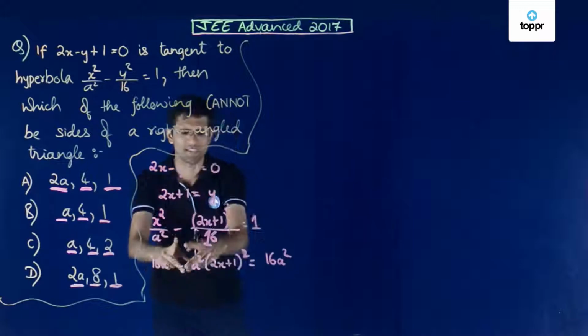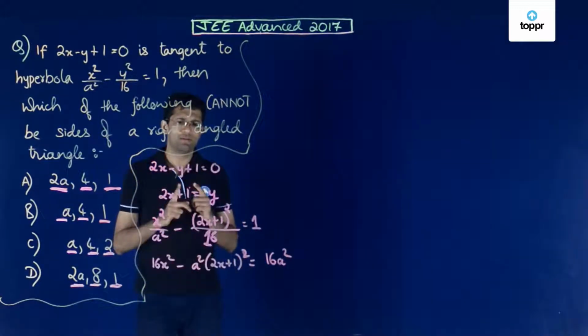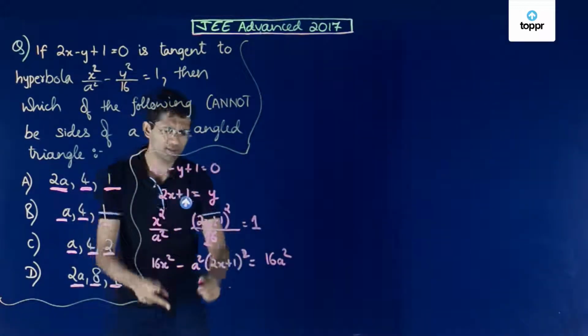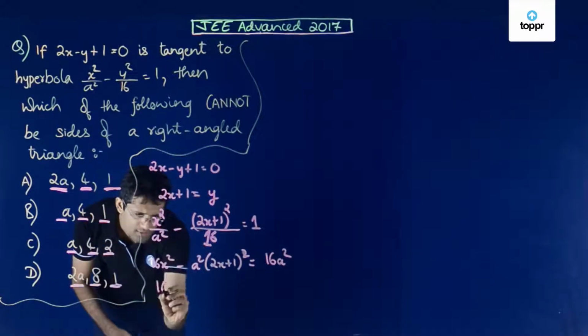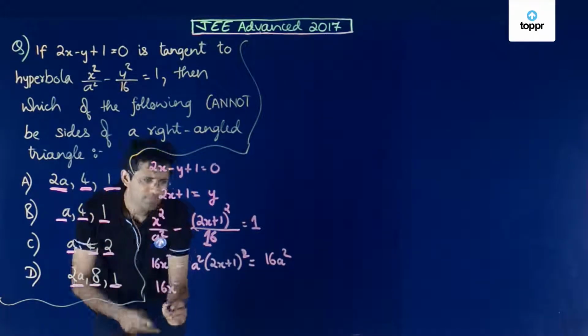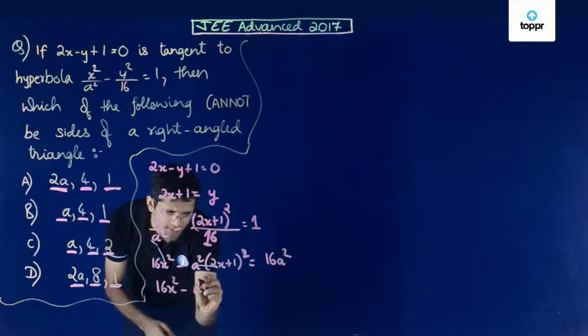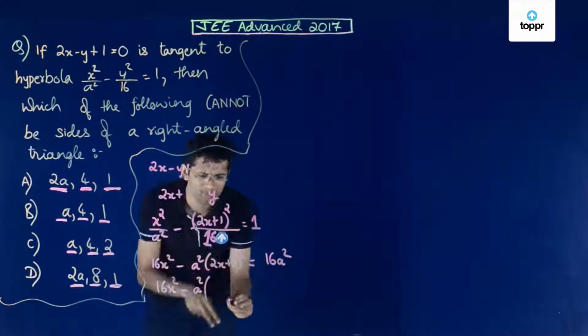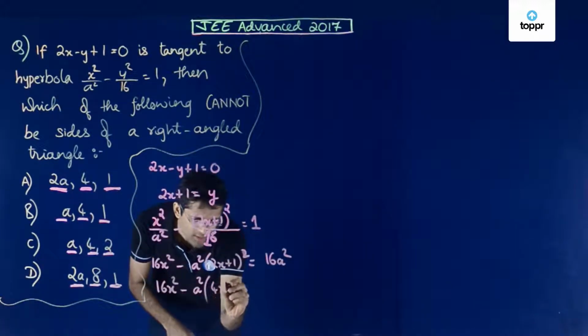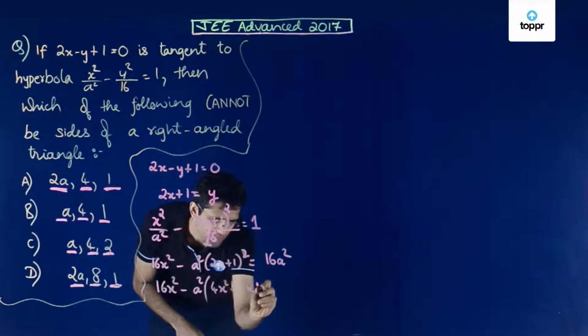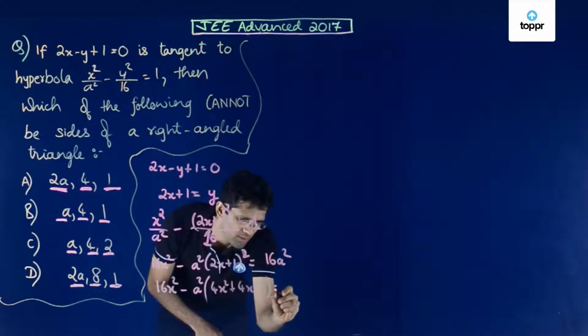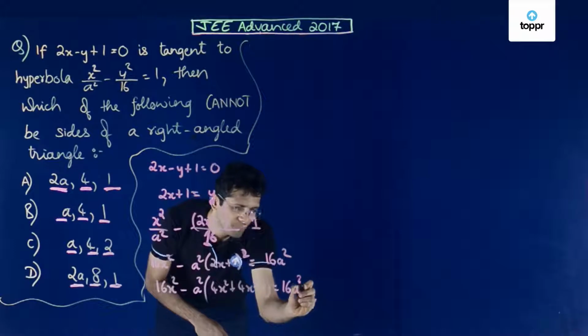So we now obtain this kind of an equation. Now note that if we solve this further, then we will get 16x square minus a square multiplied by expansion of this, which will be 4x square plus 4x plus 1, should be equal to 16a square.